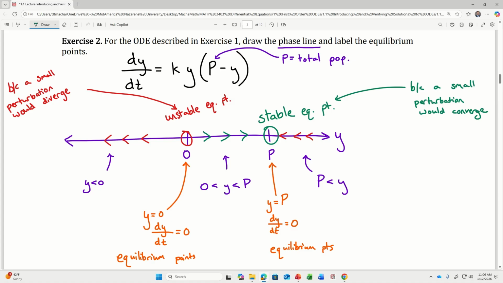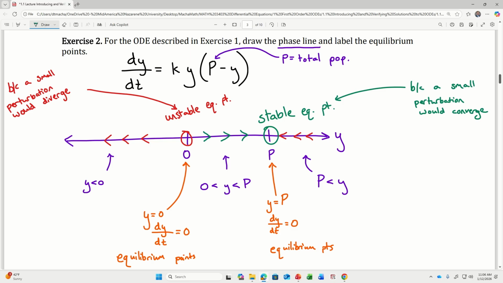It's a tiny perturbation to the left. Well, even though I'm barely off the equilibrium point, I'm still going to go to the left over time. And that's not a physical solution, but this is the idea. At my stable equilibrium point, even if I have a small perturbation to the left or to the right, the trajectories are still pointing in towards the equilibrium point, and so it's going to converge over time instead of diverge. So that's the definition of stable and unstable.